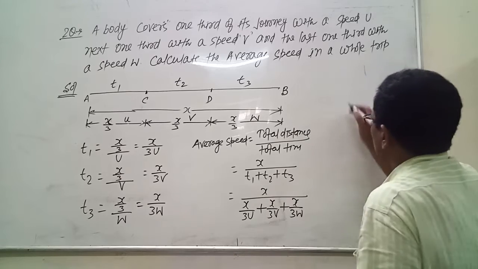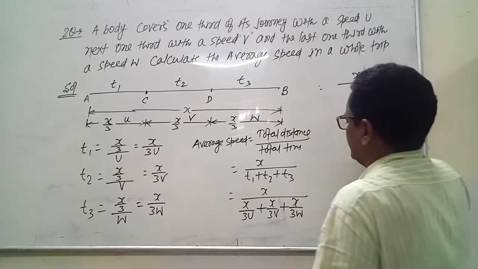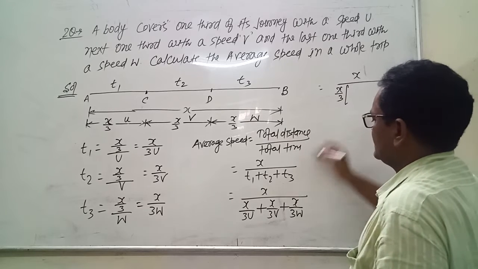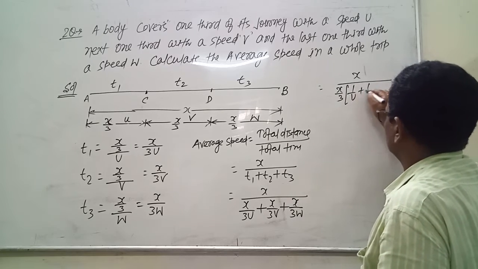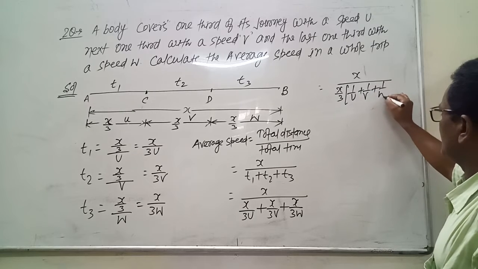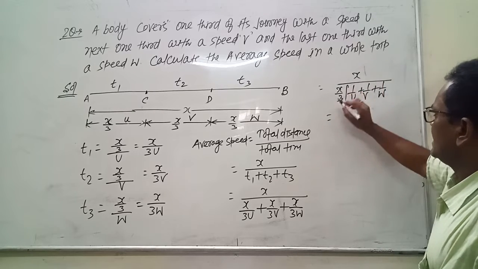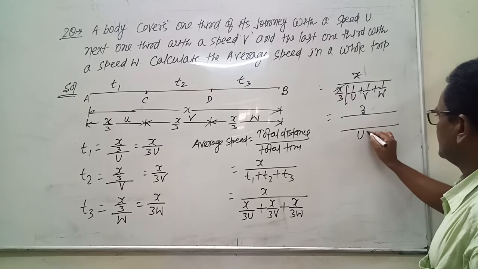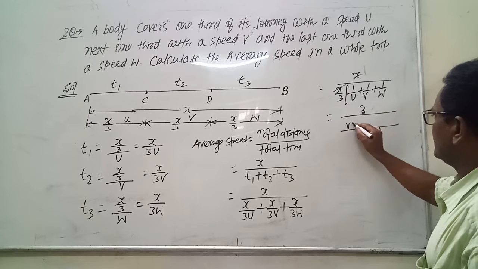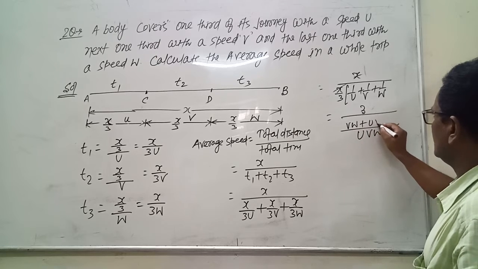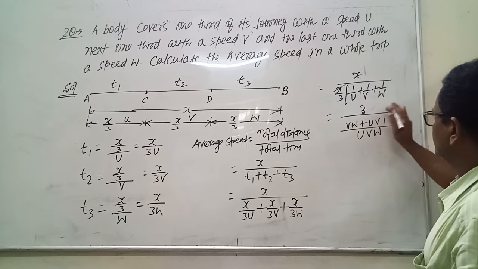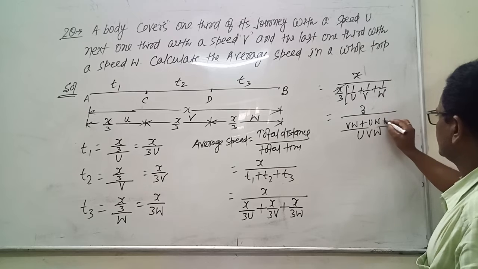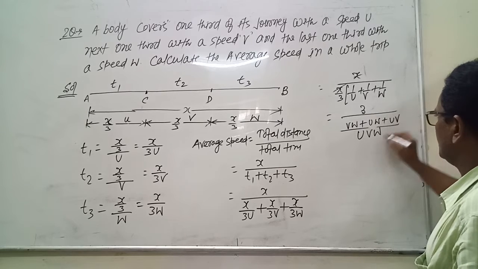Now we have to solve this. We can take x by 3 common. So it remains 1 by u plus 1 by v plus 1 by w. In x by 3, x gets cancelled, it becomes 3. By taking LCM, uvw, we get vw plus uv plus uw.